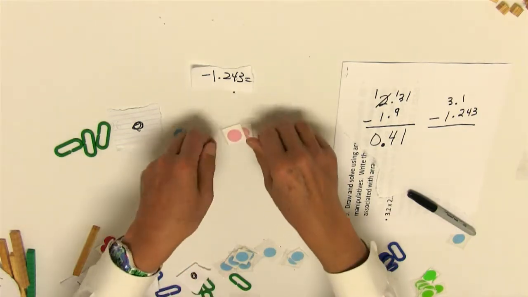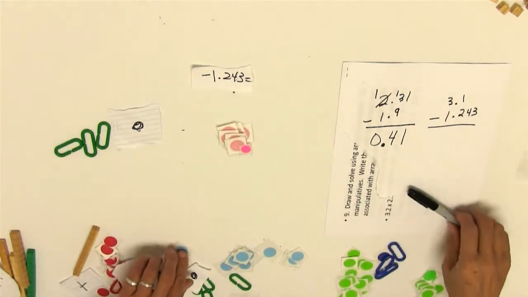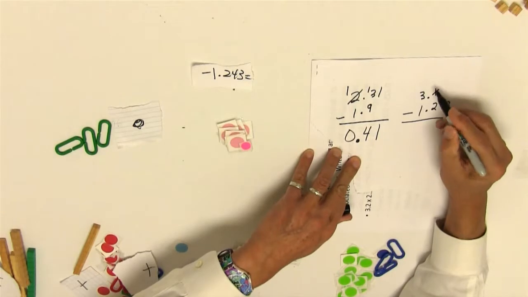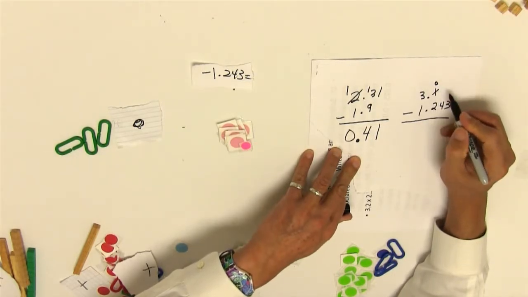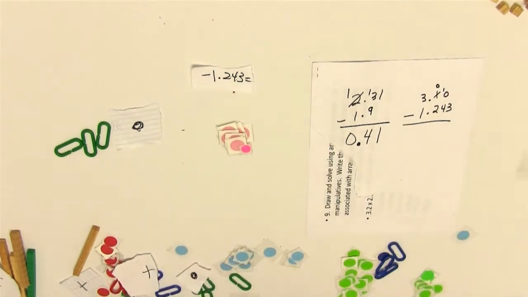Okay, so I make a trade here. So I'm going to record that. I don't have any more tenths, but I've got now some hundredths there.